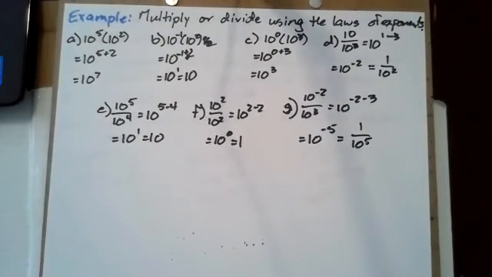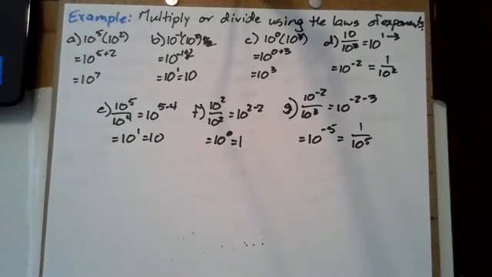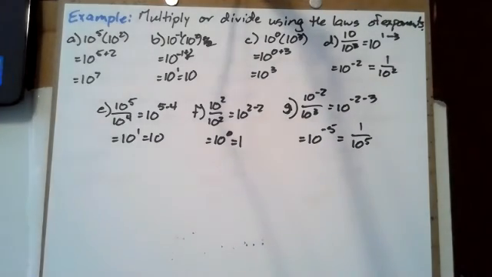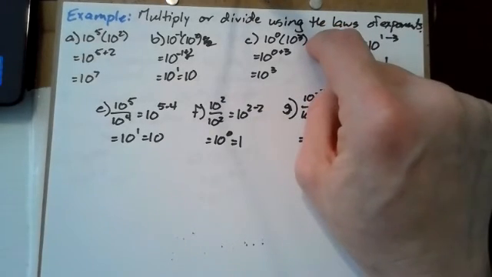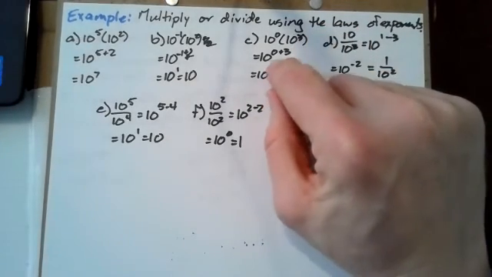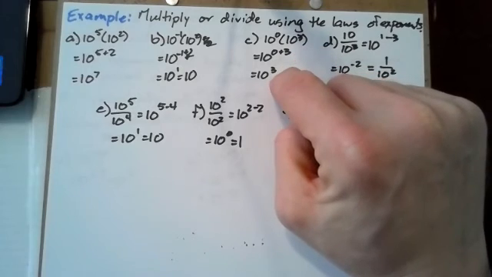For example, we'll multiply or divide using the laws of exponents. So if we have 10 to the 5th times 10 squared, that's 10 to the 5 plus 2, which is 10 to the 7th. 10 to the negative 1st times 10 squared is 10 to the negative 1 plus 2, which is 10 to the 1st, which is just 10. 10 to the 0 times 10 cubed is 10 to the 0 plus 3, which is 10 cubed.